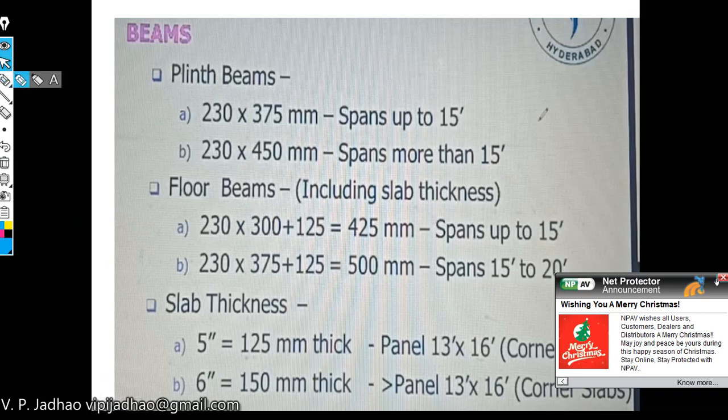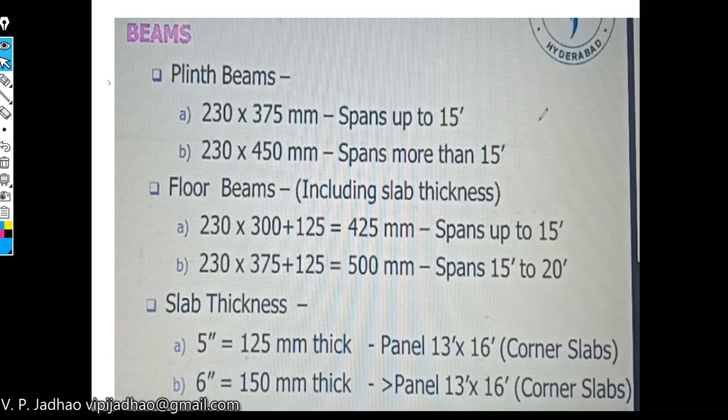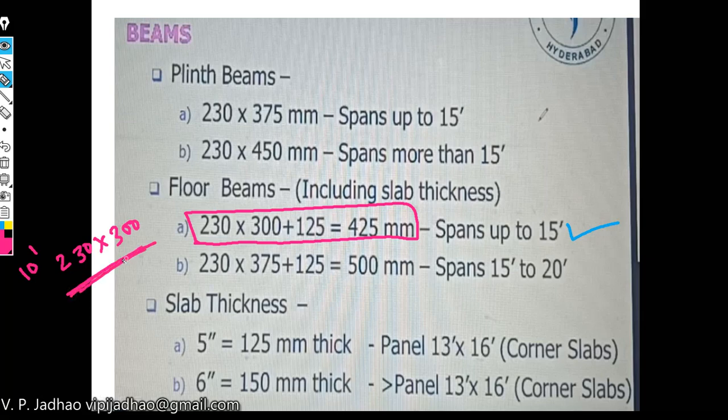The recommended sizes for floor beams are up to a span of 15 feet. Generally these dimensions will pass. Up to a span of 10 feet, you can also use 230 mm by 300 mm dimension of your beam, but again it depends upon the loading condition.